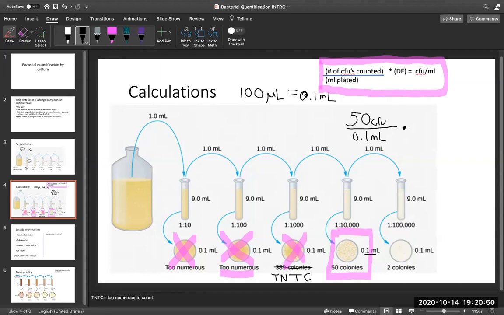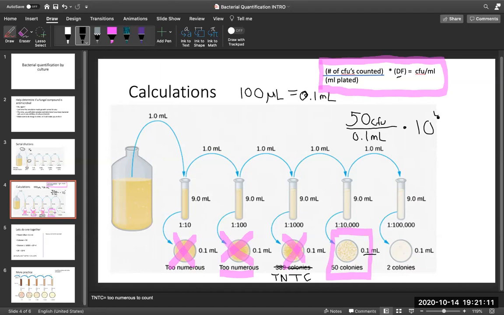And then the dilution factor, DF, is, which dilution is this? This is 1, 2, 3, 4. Okay, so this is the 10 to the 4th dilution factor.